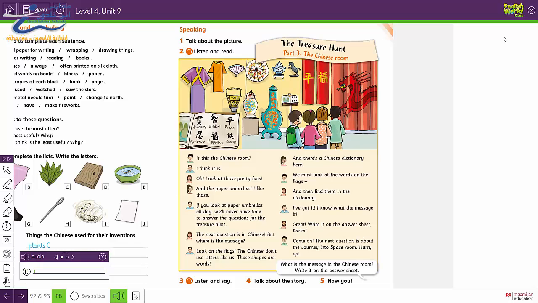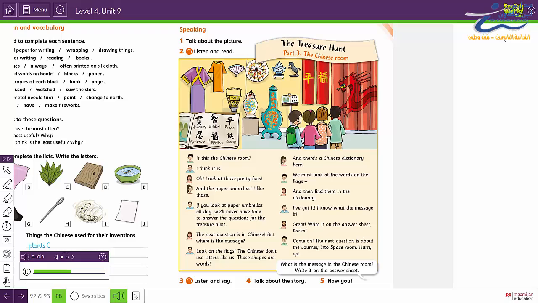Pupils Book, Unit 9, page 93. Activities 1 and 2. The Treasure Hunt, Part 3. The Chinese Room. Is this the Chinese room? I think it is. Oh, look at those pretty fans. And the paper umbrellas. I like those. If you look at paper umbrellas all day, we'll never have time to answer the questions for the treasure hunt. The next question is in Chinese. But where is the message?